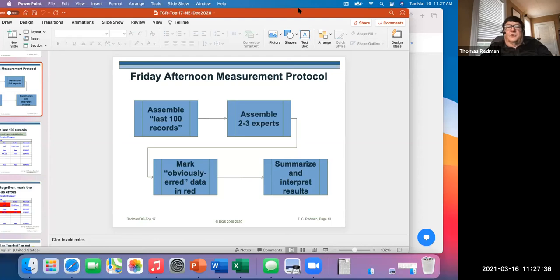The basic idea of this protocol is: whatever you do, take the last 100 occurrences of it and assemble the data associated with that, the most important data, and do that on Thursday. Then on Friday get a couple of people together in a room, give them all a red pen, and work line by line and mark the obvious errors. The last step is to count and summarize.